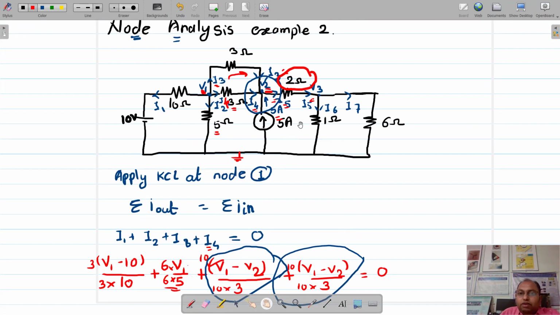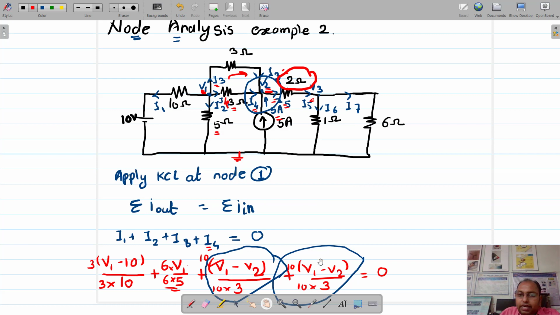What is I6? How to find out I6? I6 is nothing but V3 divided by 1, and similarly this is also the voltage V3 itself, isn't it? So V3 divided by 6, I will be getting I7, right?